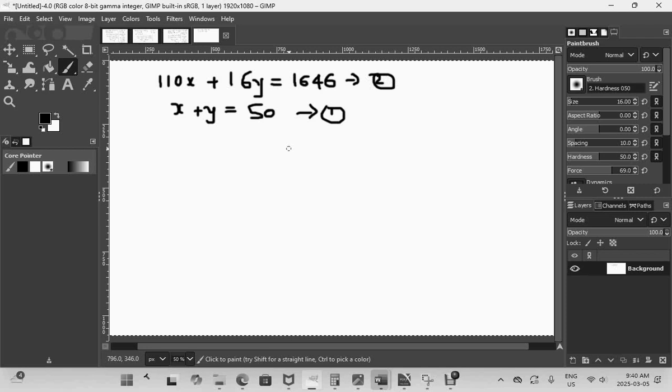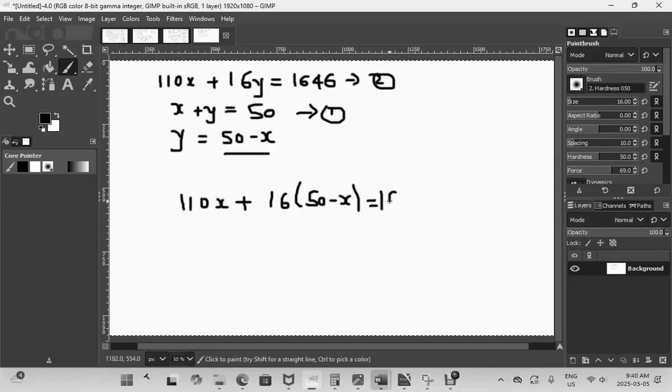Again, we can use substitution. We rearrange the second equation, so y equals 50 minus x, and sub this value into the first equation. So 110x plus 16 times (50 minus x) equals 1646.